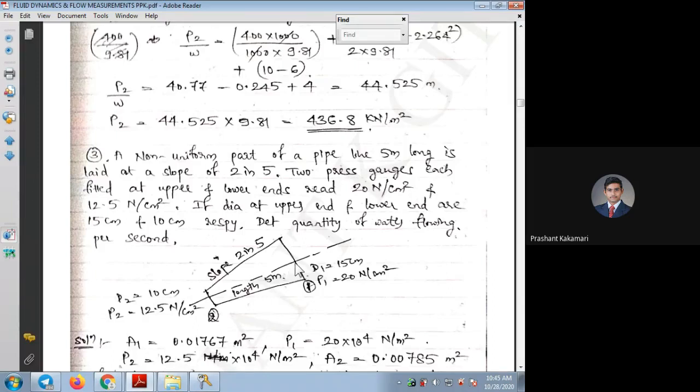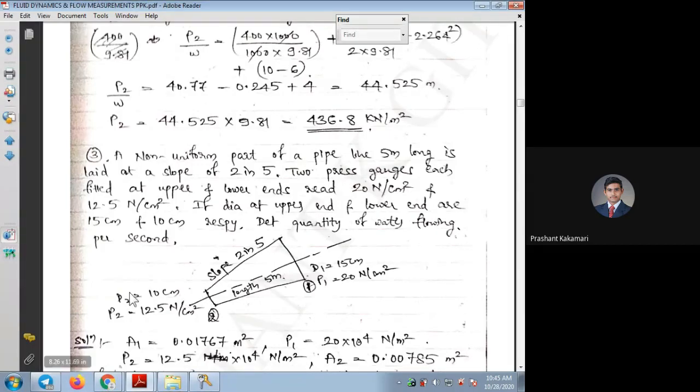And this height, the outlet side or the D1 side, we need to find out by using the slope and length of the pipe. So using the slope, one can find out the Z1 value. Z2 we can take 0. So that we can do whenever the datum point is not given in the problem. One of the points we have to consider 0.